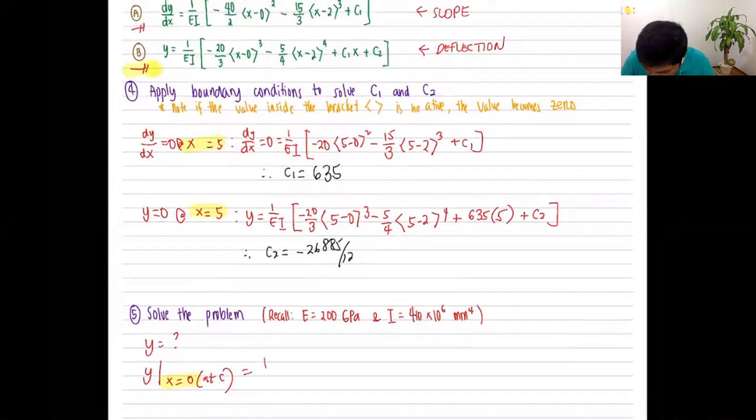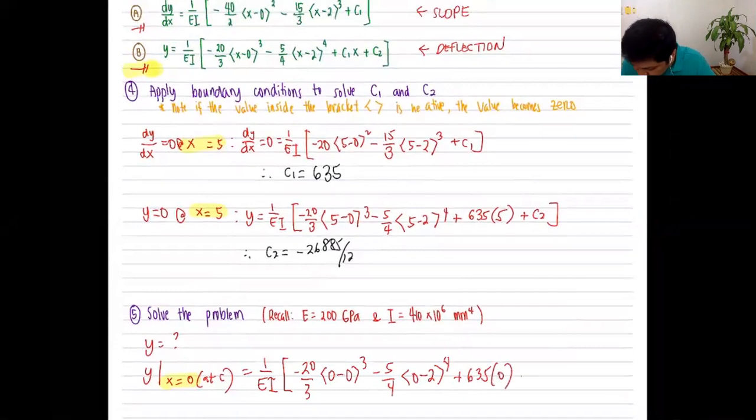I now have 1 over EI times, but I'll use x equals 0, negative 20 all over 3. 0 minus 0 cube minus 5 all over 4. 0 minus 2 to the 4th plus C1. So plus 635 times x, which is 0, plus C2, which is negative 26885 over 12.